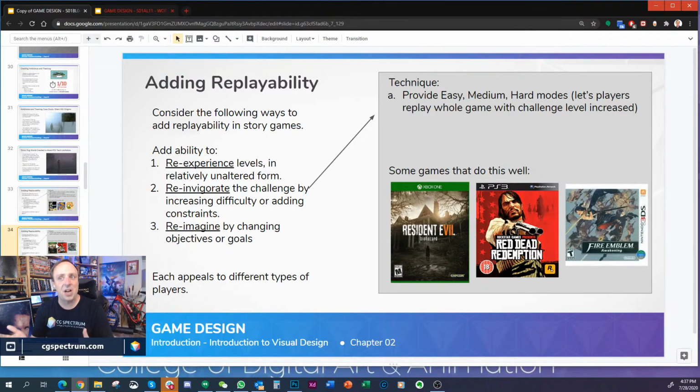Is it technically possible to even do that in the game engine? Does it fit the IP? Is this going to look great if I make a movie out of it, or another game out of it? All these are questions you have to keep asking yourself, and that's why game design and game production in general is so complicated.